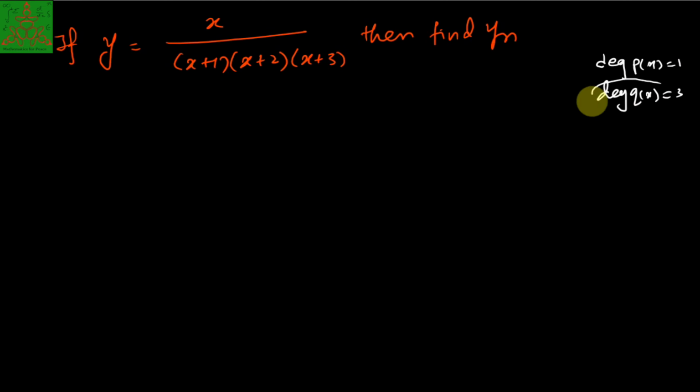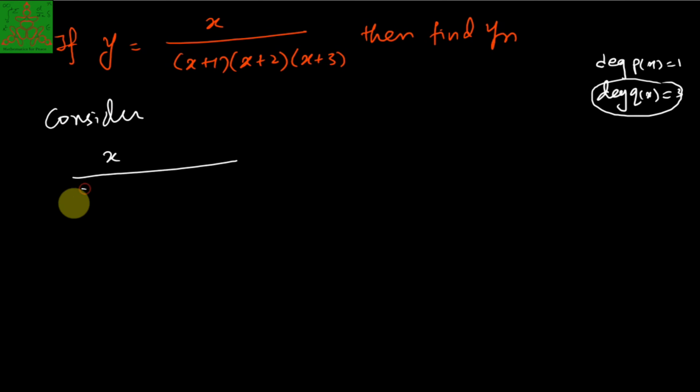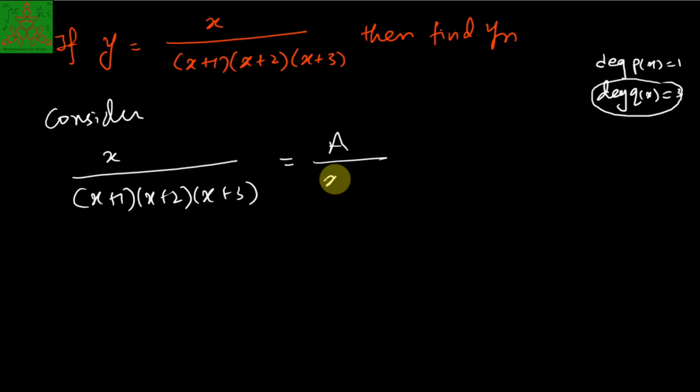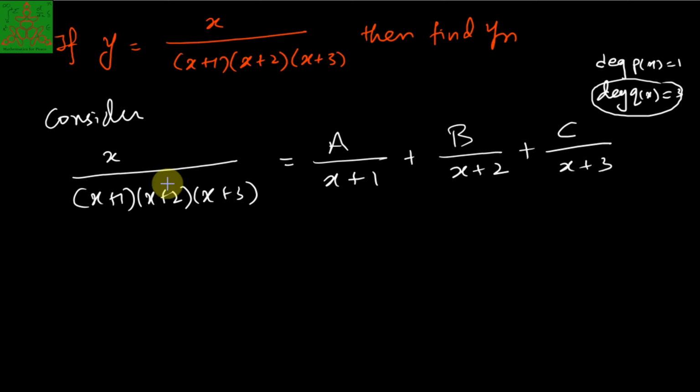That means the degree of the denominator is bigger, so we can do the partial fraction directly, and hence we consider x upon (x + 1)(x + 2)(x + 3) equal to a upon (x + 1) plus b upon (x + 2) plus c upon (x + 3), because there are three linear factors, so we can write it in this fashion.